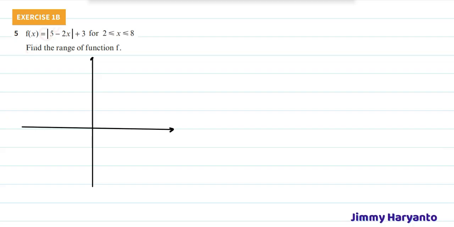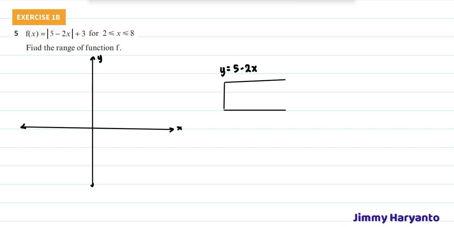Okay, I'm preparing the Cartesian plane first. Okay, and then as I told you before in the explanation, to graph the absolute function you have to graph the original function first, without the absolute. Because this one is a line, that means you can create a table like this, x and y.